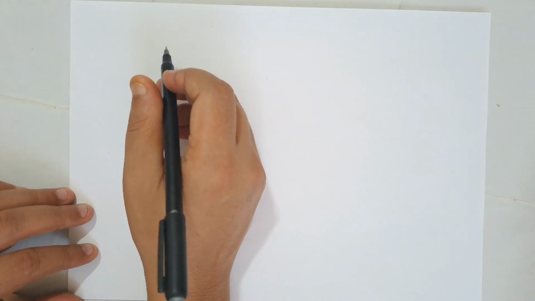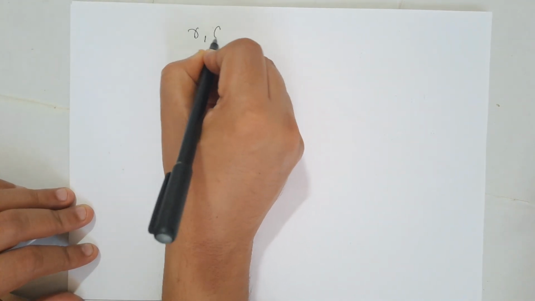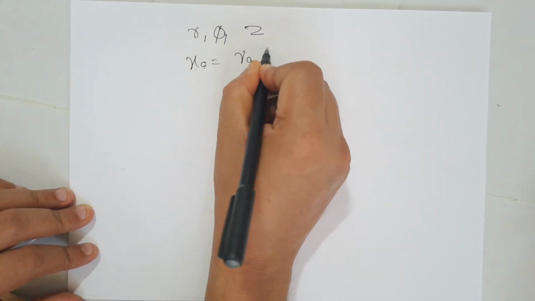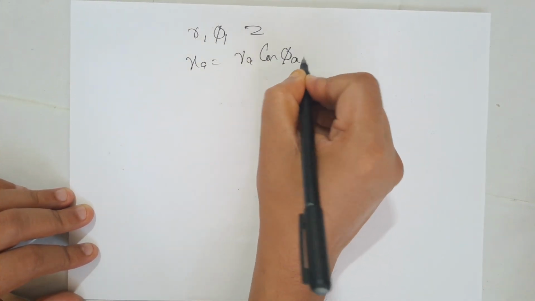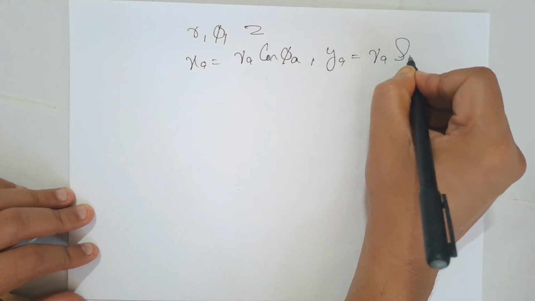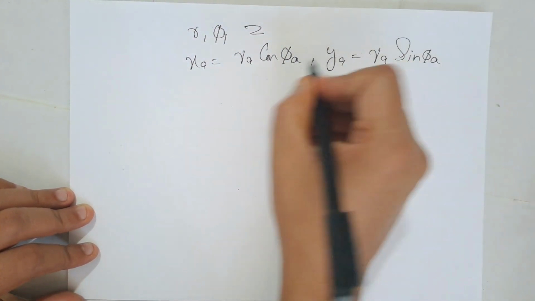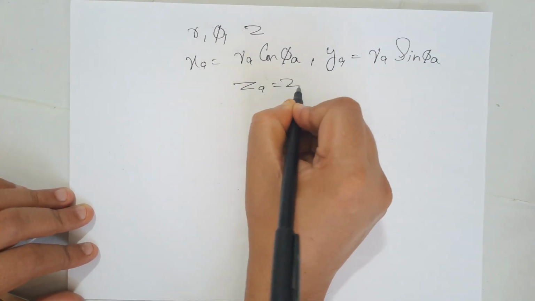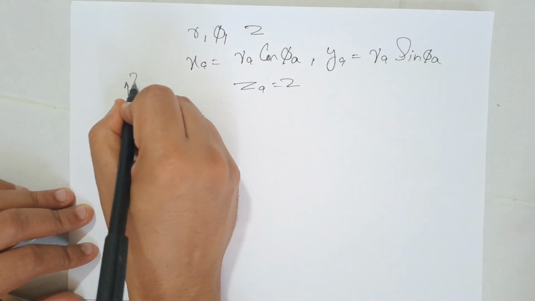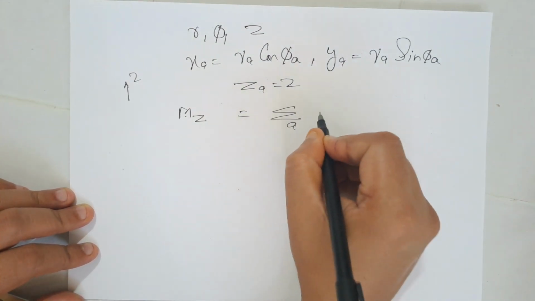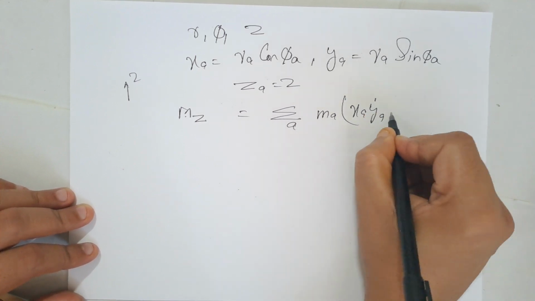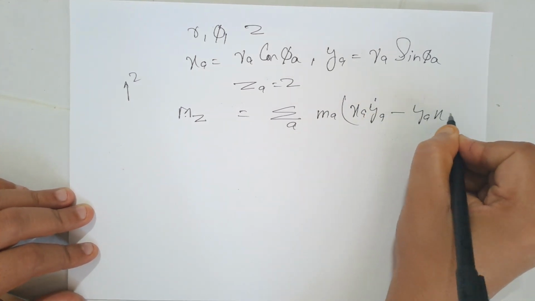If we use cylindrical coordinates r, phi and z, and x_a is equal to r_a cos phi_a, y_a is equal to r_a sin phi_a, and z_a is equal to z, then the component of angular momentum along the z direction will be the sum of m_a times x_a y dot a minus y_a x dot a.